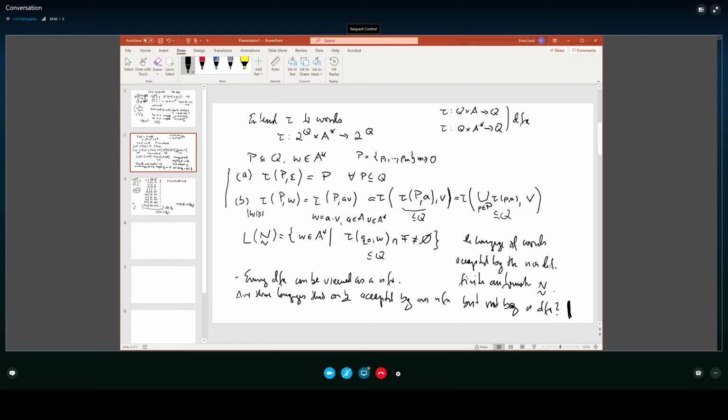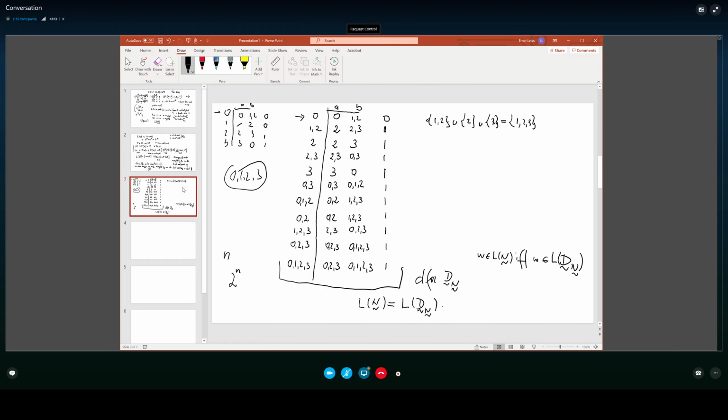So the question, are there languages that can be accepted by a non-deterministic finite automaton, but not by a deterministic finite automaton? The answer to that question is no. Everything that can be done using an NFA can also be done using a DFA. But of course, as this example indicates, there is a price to be paid for that.